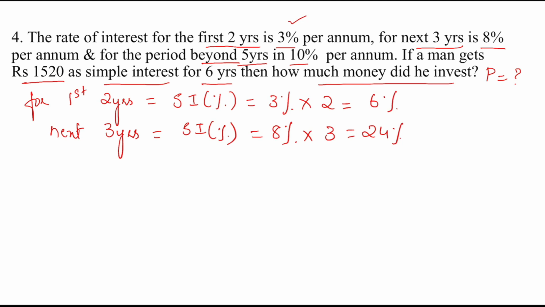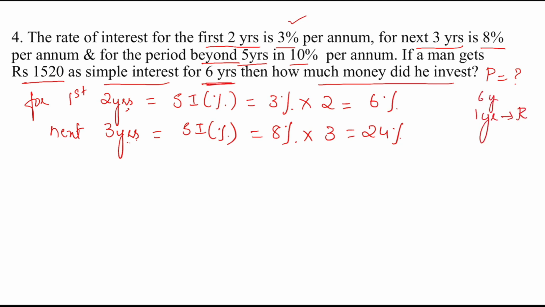Now for the period beyond 5 years it is 10%. The 2 years and 3 years, so 5 years are already gone. He is investing for 6 years, so how many years are remaining? Only 1 year is remaining, isn't it?